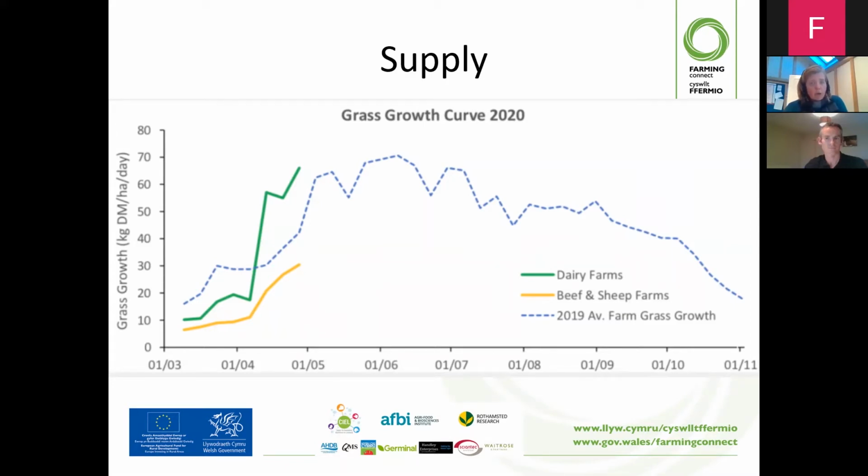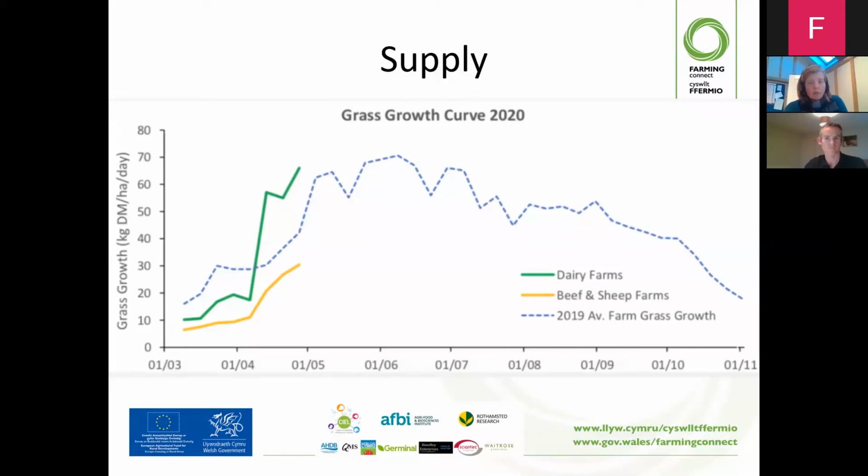So the blue line on this chart is what the average farm grass growth was for these 50 farms across GB last year. And then you've got the yellow line, which is beef and sheep farms this year, there's about 28 of them across GB, and the green line, which is dairy farms.